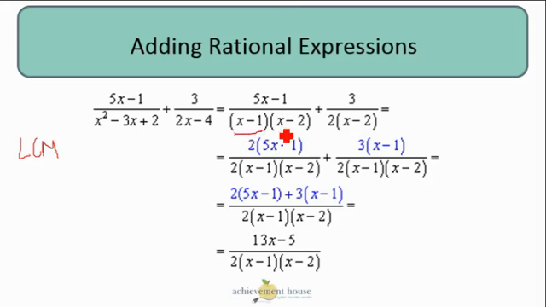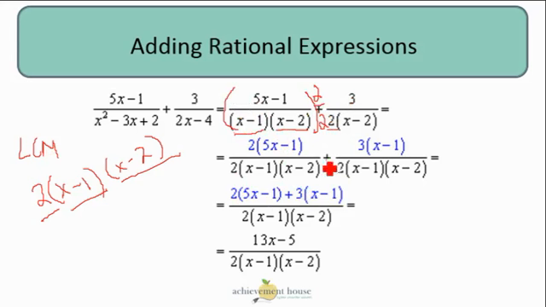Multiplying the denominator by 2 will give me my least common multiple, or my common denominator between the two rational expressions. And multiplying the numerator will keep the rational expression the same, because when I multiply by any number divided by itself, I'm really just multiplying by 1.